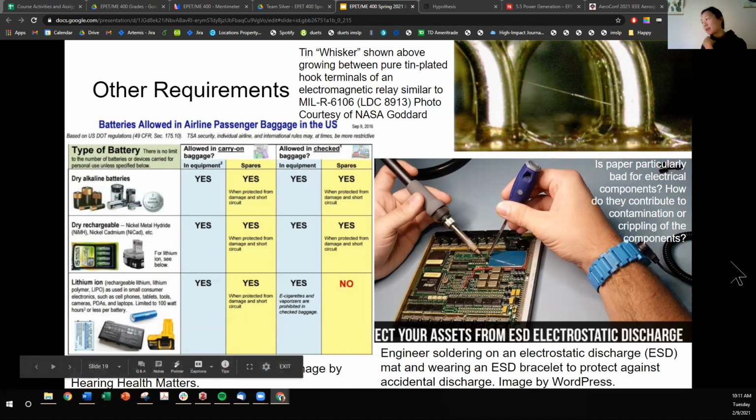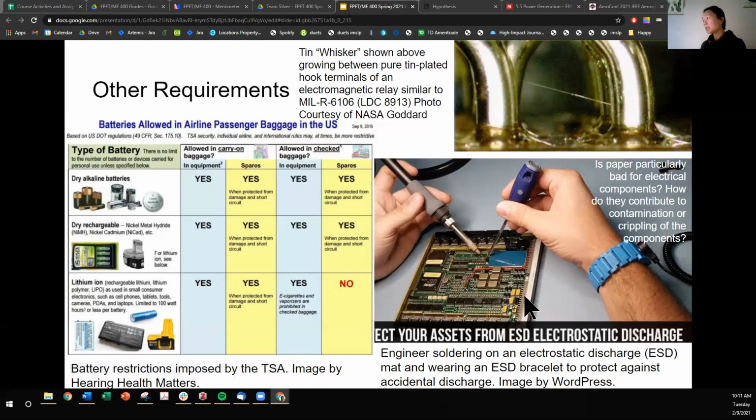In the development process, you want to make sure that you manufacture your electronics on an electrostatic discharge mat in ESD safe ways. So you see this person is wearing a wrist strap. The reason why we do this is because if there is just a tiny amount of electrostatic buildup on your hands, on like paper, and it touches the component, these tiny little components can short and have permanent damage to them.